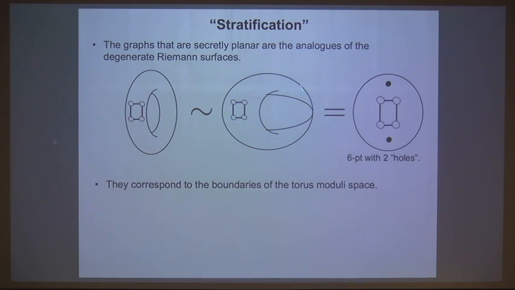So you can actually pinch the torus and replace it with a 4-point function with 2 extra holes, which came from the pinched torus. Essentially, in the usual context of the theory of Riemann surfaces, they correspond to the boundaries of the torus moduli space.